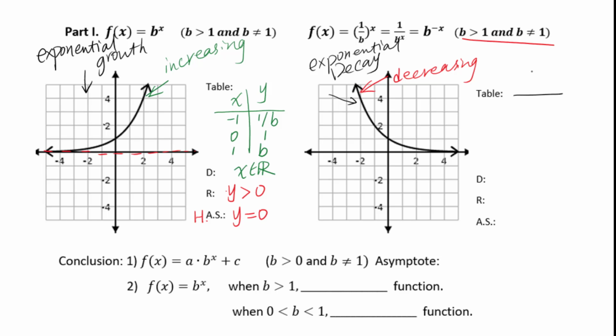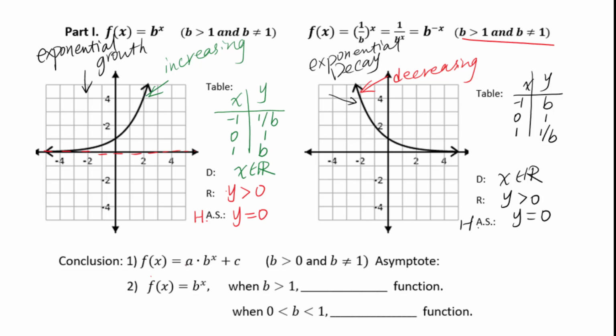For the table, still x, y, negative 1, 0, 1. This is b, 1, 1 over b. Domain is the same. Range is the same. Horizontal asymptote line is the same. y equals 0.